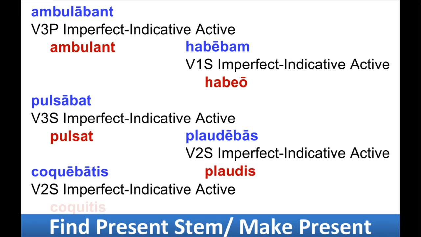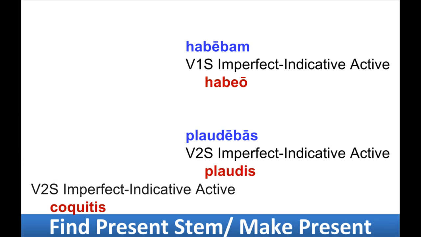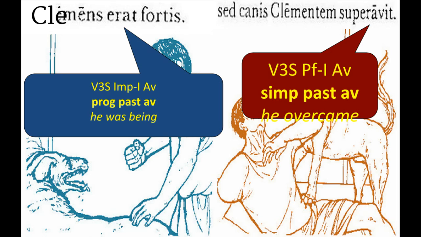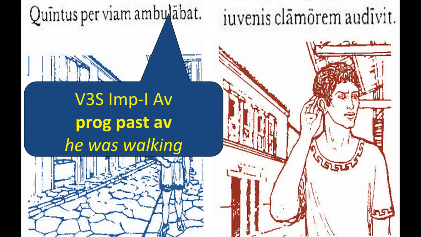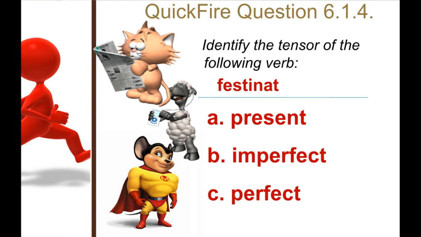Remember, the stem of the imperfect is the same stem as the present. It's not like the perfect, there's no radical stem change, but you are dealing with, of course, progressive past. Clemens was being strong, but the dog overcame Clemens. Quintus ambulabat, was walking. Audivit, he heard.